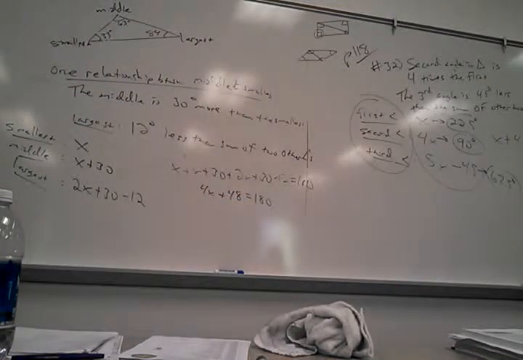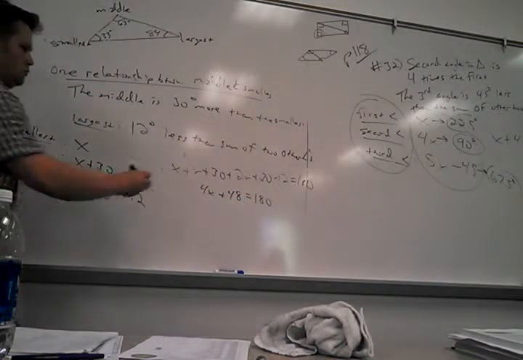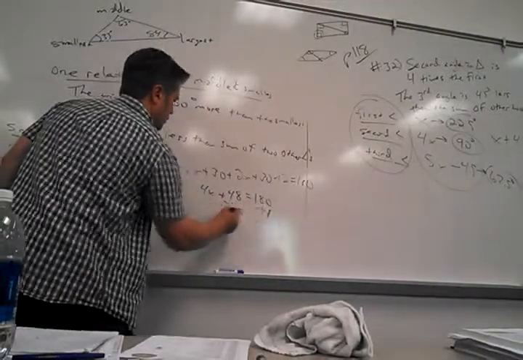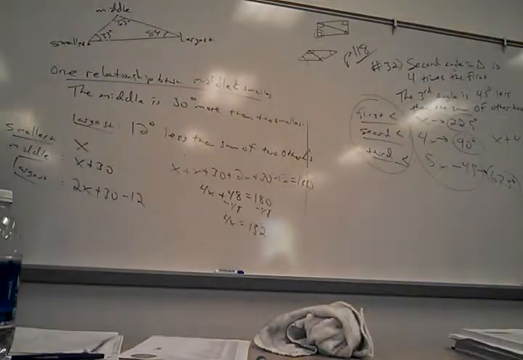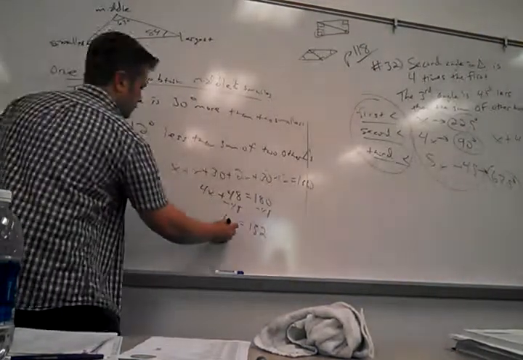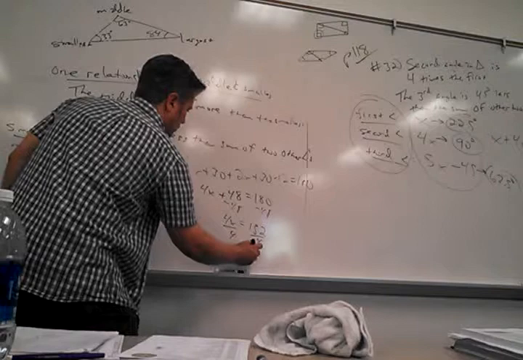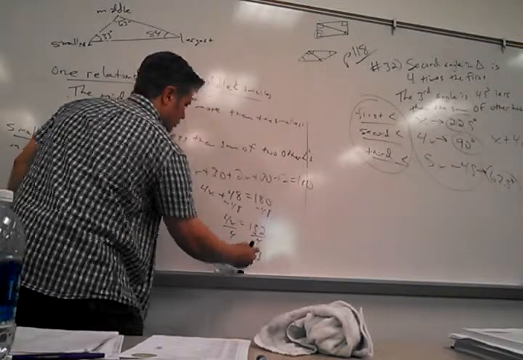Is that cool? Just putting like terms together? Good. Minus 48. 4x equals 132. Then divided by 4. 33.